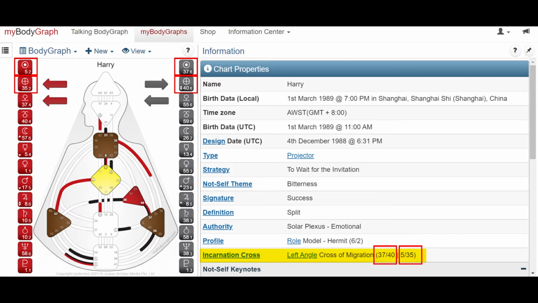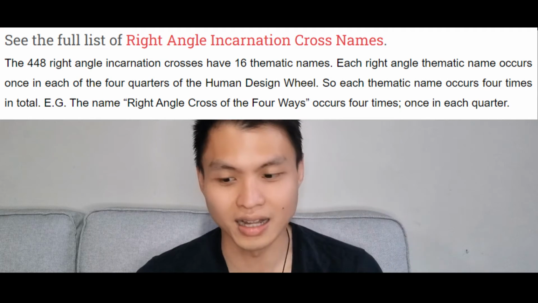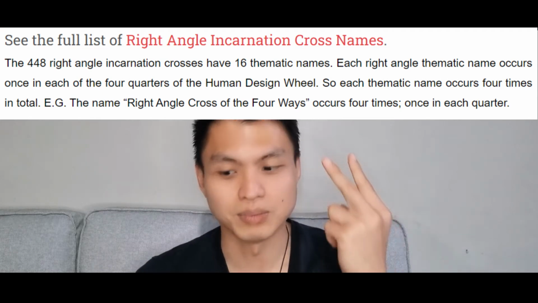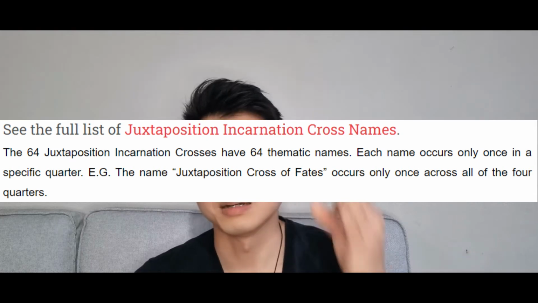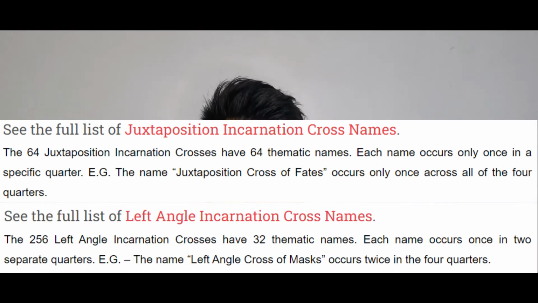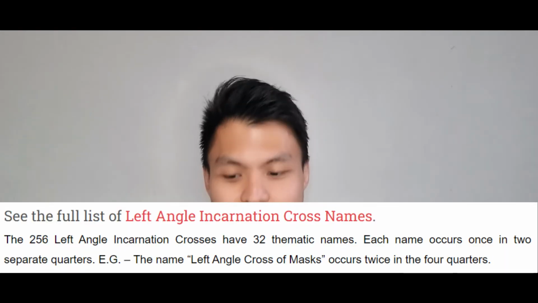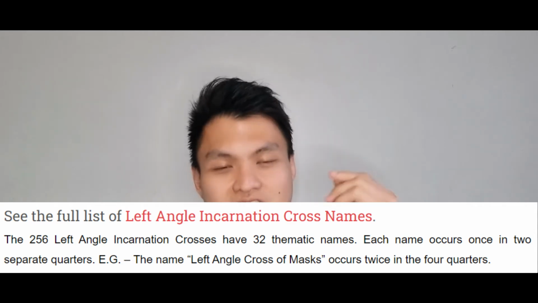Within each gate, there are 3 different variations of these incarnation crosses, each a different type of life theme. Number 1 is your right angle crosses, number 2 your juxtaposition crosses, and number 3 your left angle crosses.